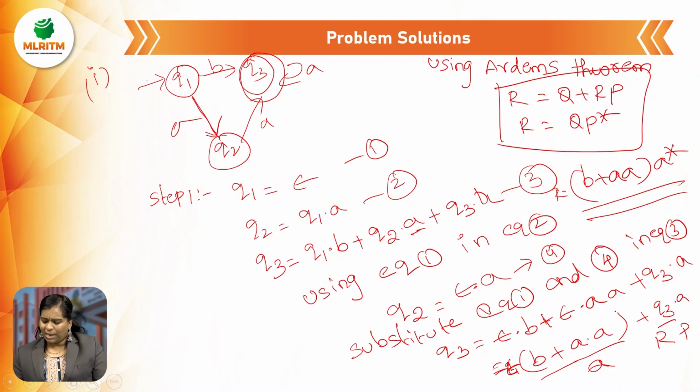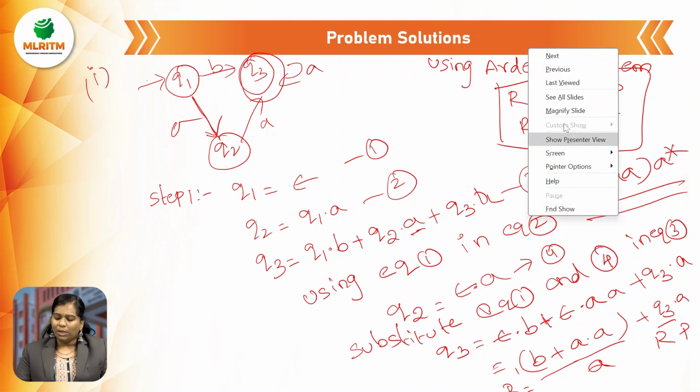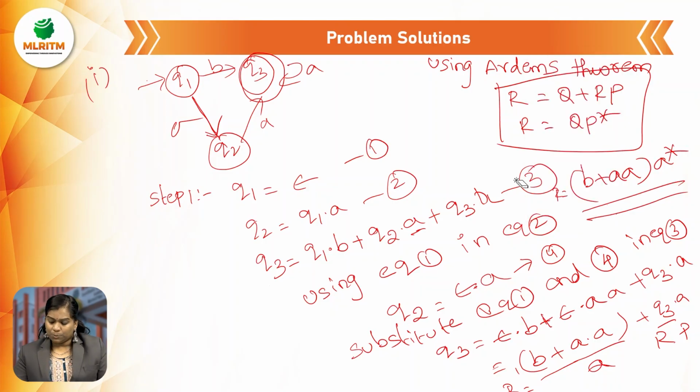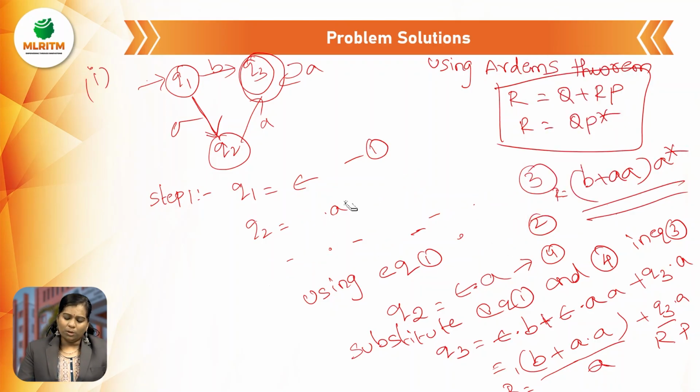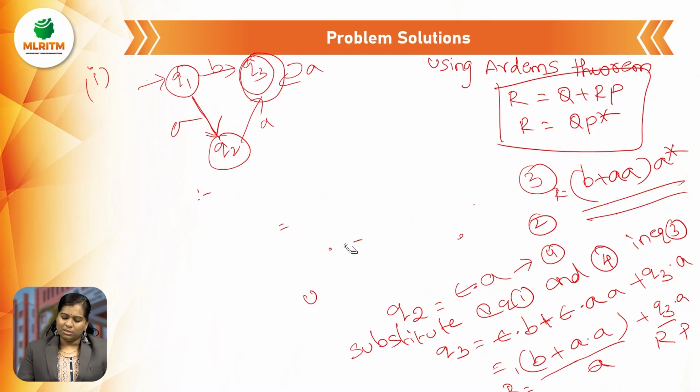So B plus AA plus Q3 dot A. Here by using Arden's theorem, R is equal to Q plus RP, it will be simplified this way. R is equal to QP star, B plus AA star. This is the regular expression for this problem. Hope you understand this problem. Once you do the practice, you will get the answer very easily.